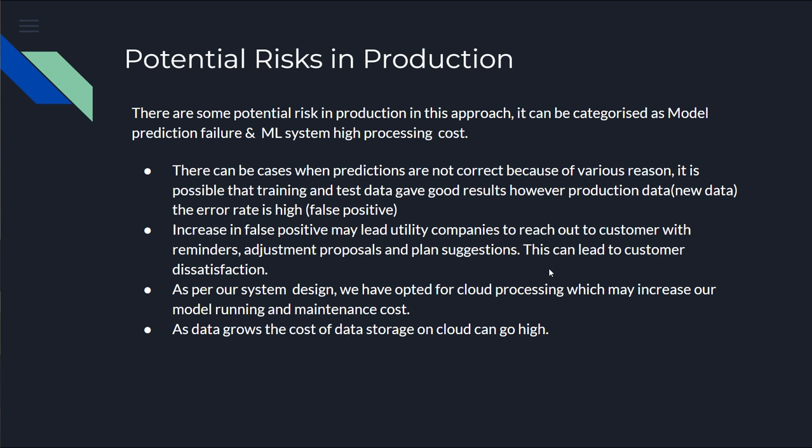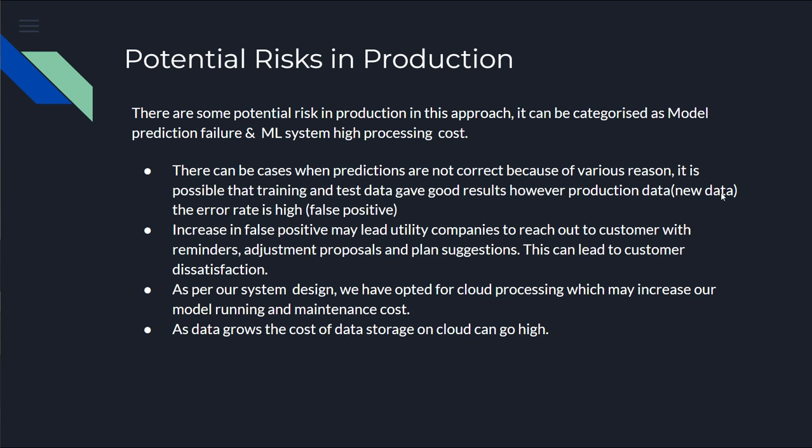As the data grows over a period of time, the cost of data storage on the cloud will go high, as we keep on gathering more and more information. These are a couple of points which I can think of that could be potential risks when we move this model to production.